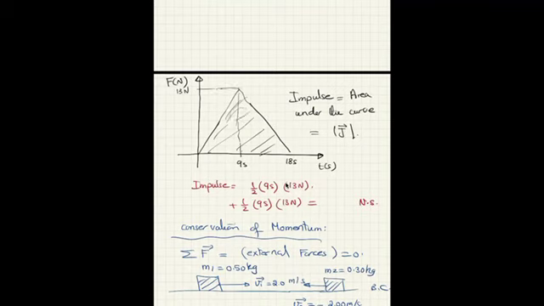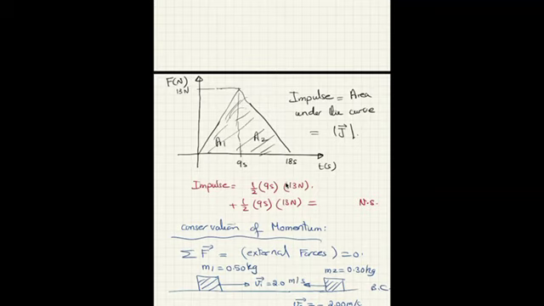And I can dissect this into area 1 and area 2. These are two triangles. The first one, the area is going to be 1/2 times 9 times 13. And the other one is going to be 1/2 times 9 times 13. And then I will have this amount of impulse based on the calculation from the graph.